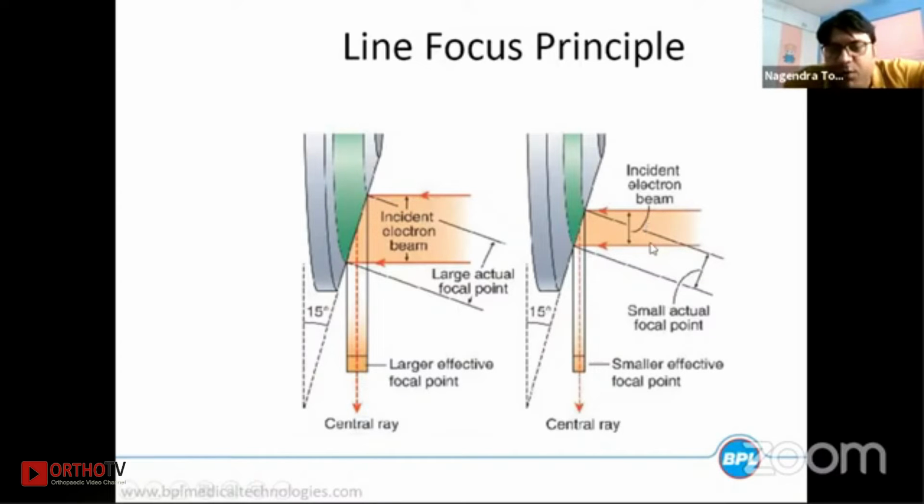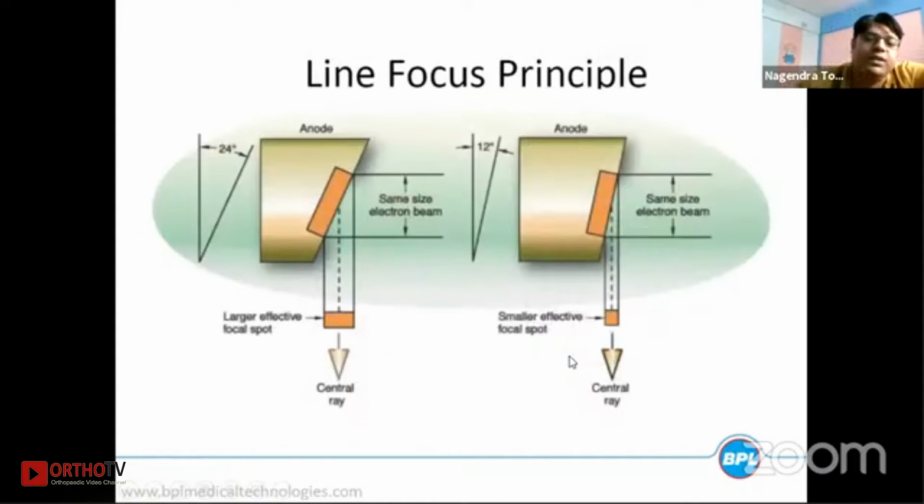But if your focal spot is smaller, then your central ray would again be smaller, meaning your effective focal spot will be smaller. So in specs we always talk about the incident electron beam. We don't talk about the effective focal spot, because that is dependent on the tube target angle.